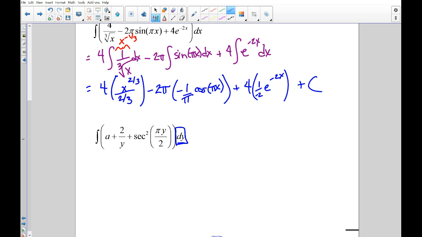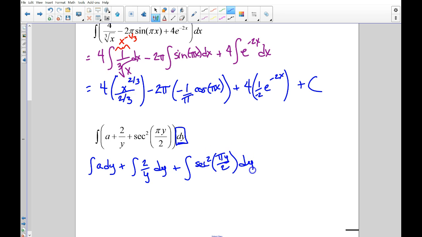Again, I'm going to break it up. I'm going to find the antiderivative of a with respect to y, plus the integral of 2 over y dy, plus the integral of secant squared of pi y over 2 dy.